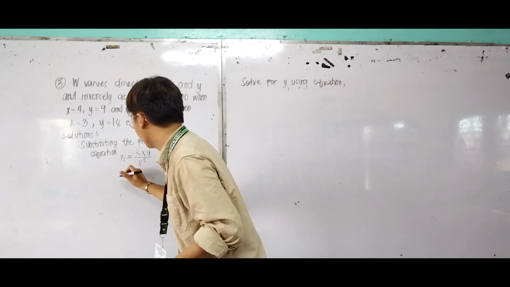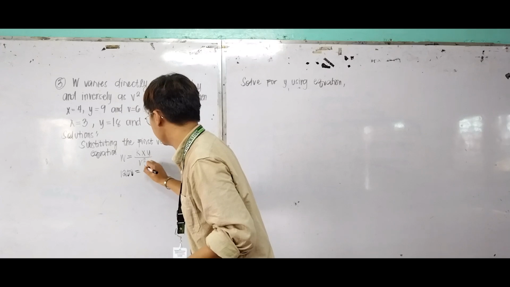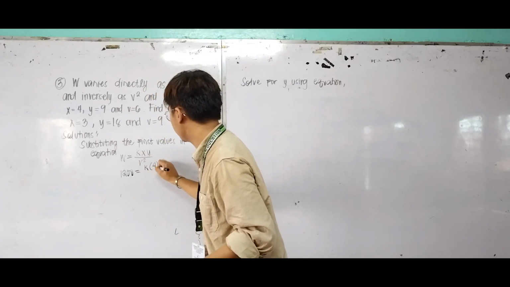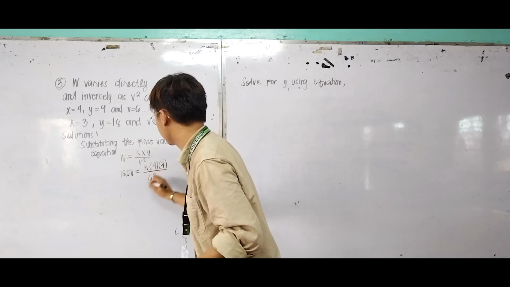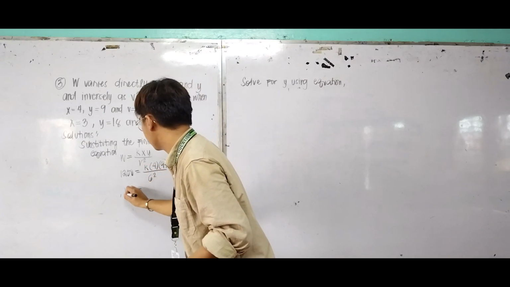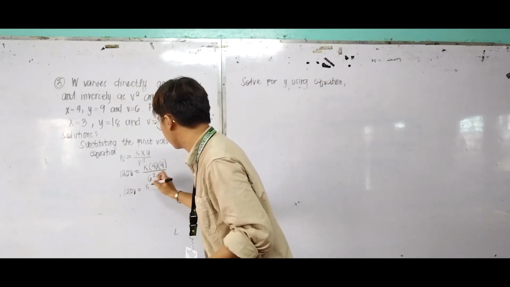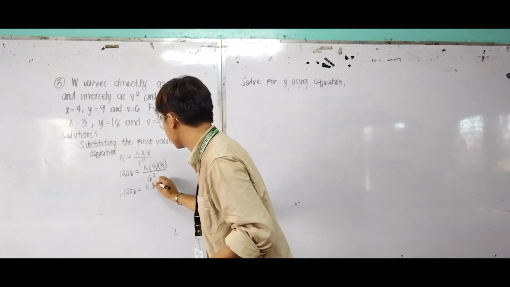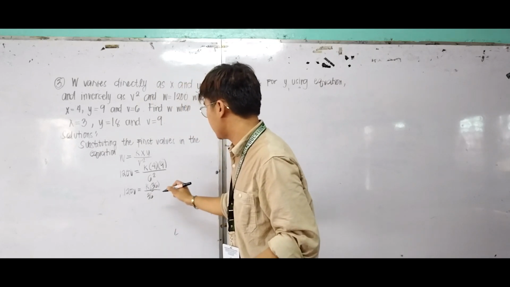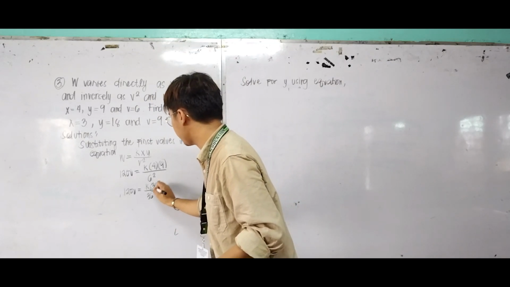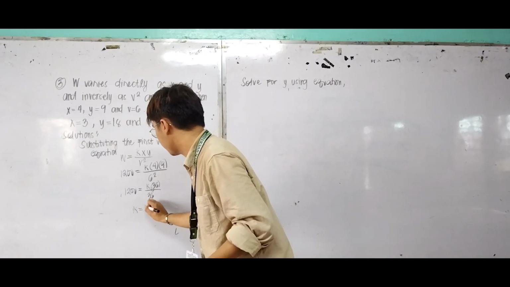So we have 1200 equals k times 4 times 9 over 6 squared. So we simplify the terms in the right side. So we have k equals 4 times 9, we have 36 over 36. So it can be simplified, 36 over 36 is 1. So we have k equals 1200.